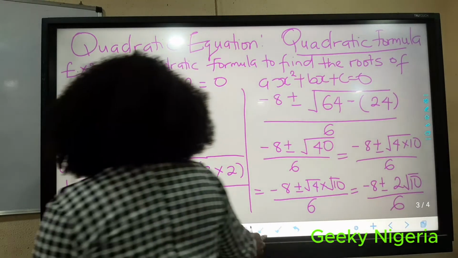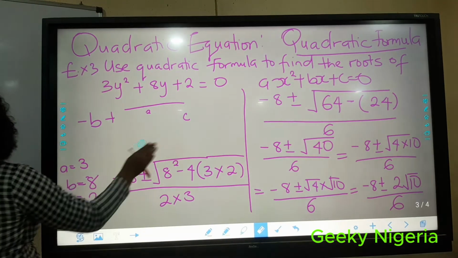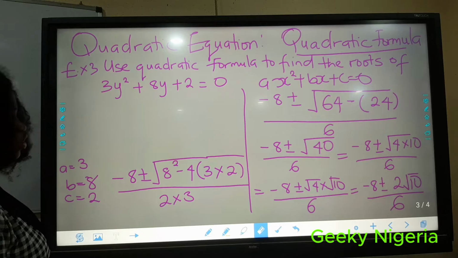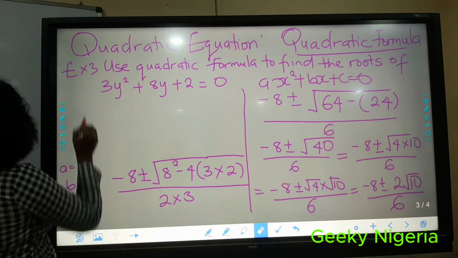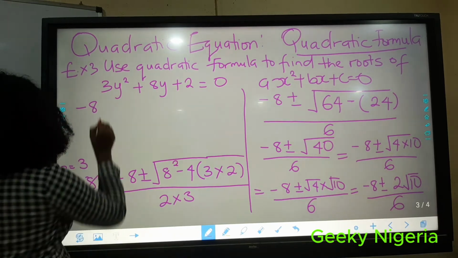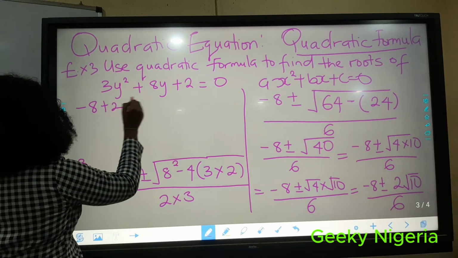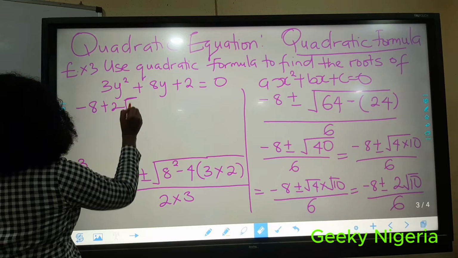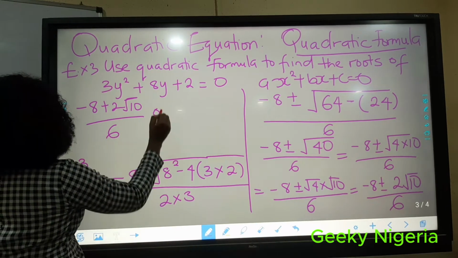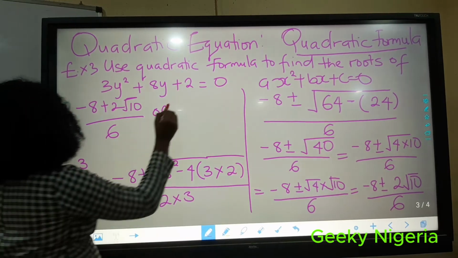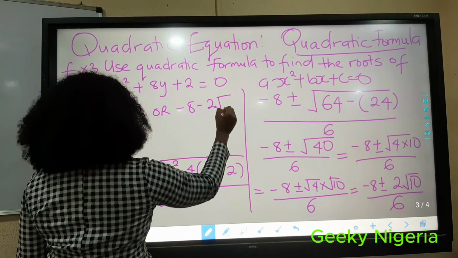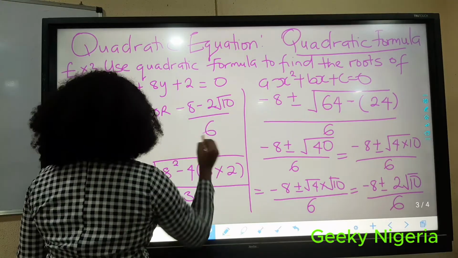So we now come here just to reduce it further. So what our equation is now is minus 8 plus 2 root 10 all over 6, or minus 8 minus 2 root 10 all over 6.